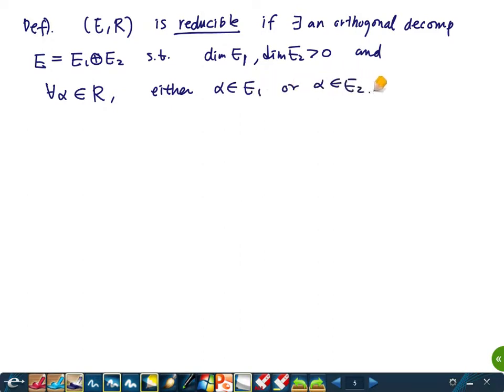It must be in exactly one part, not a combination of them. Basically it means we have a decomposition of the root system. If such an orthogonal decomposition exists, we say the root system is reducible. Otherwise, E, R is called irreducible.